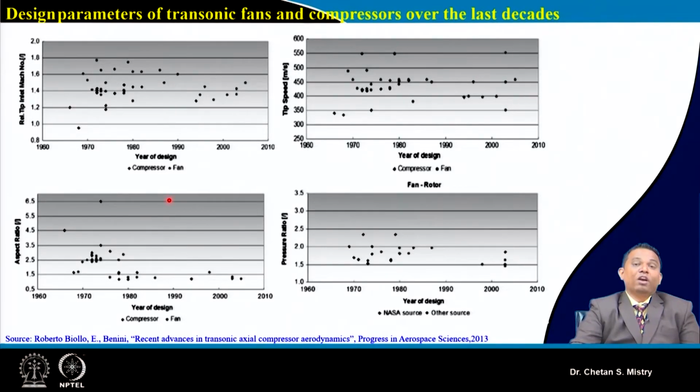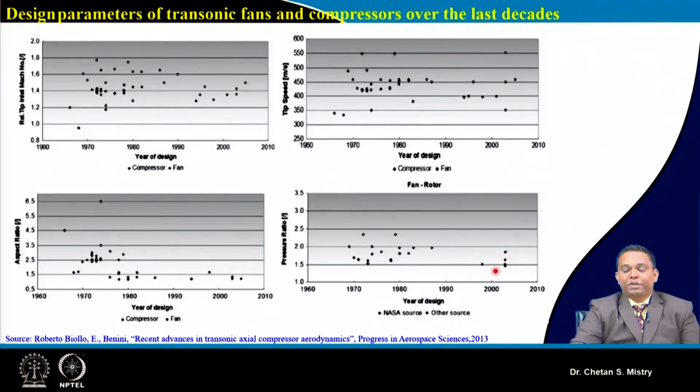We have discussed that aspect ratio has benefits in terms of operating range and efficiency, so the aspect ratio is coming to be lower. The interest is in the development of axial flow fans and compressors with low aspect ratio, higher inlet relative Mach number and higher tip speed.